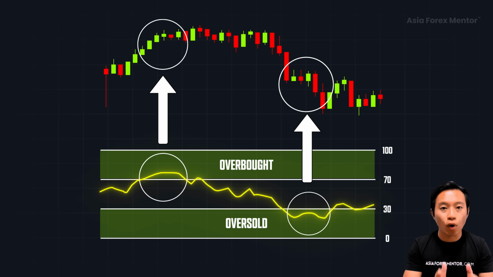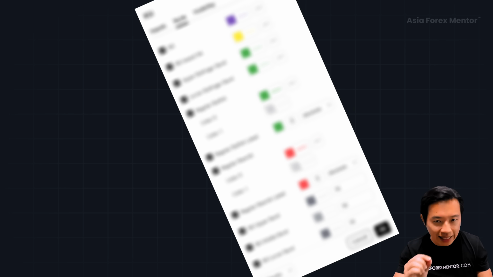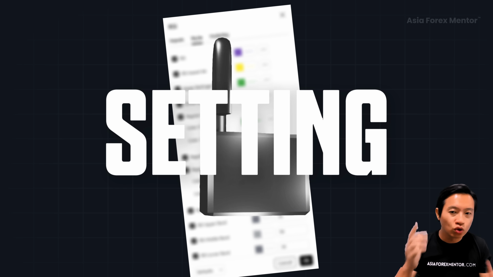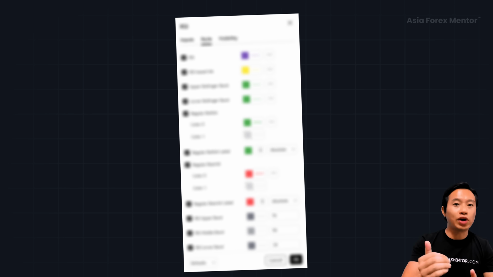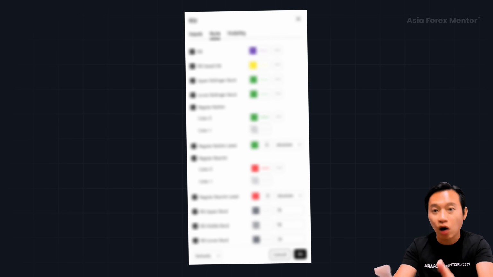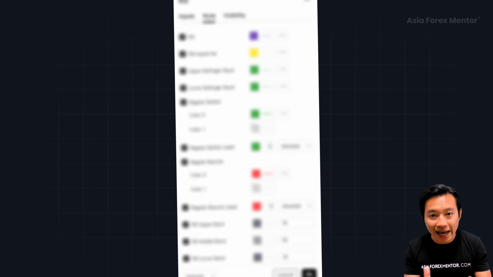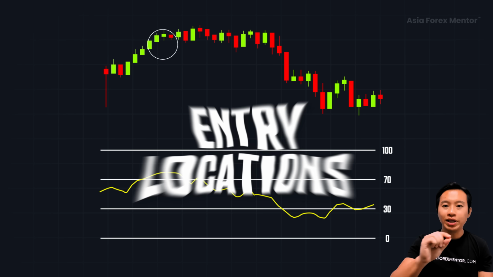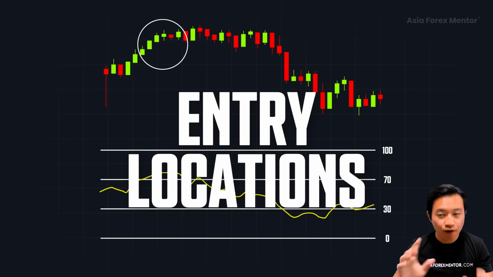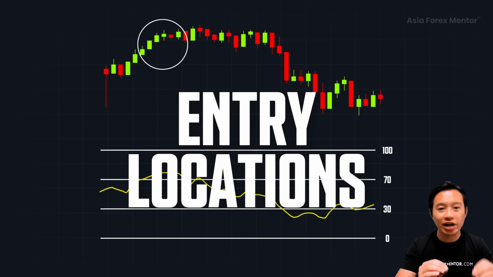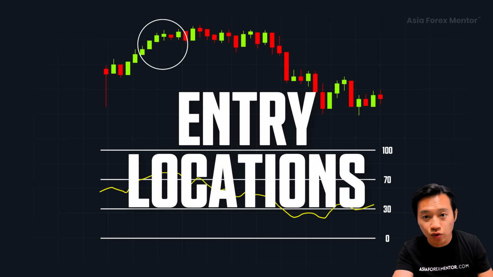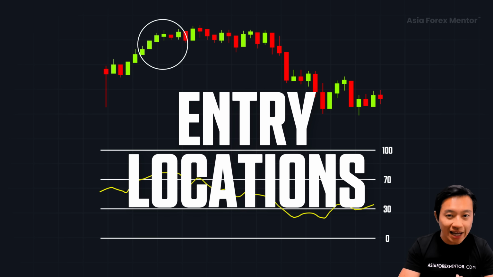And this is important too, it has a setting that you can unlock to tell you exactly the trend that the pair you're looking at right now is in. And not just that, it creates pinpoint entry locations for a group of trading vehicles, which I'm about to share with you, that has a really high win rate.